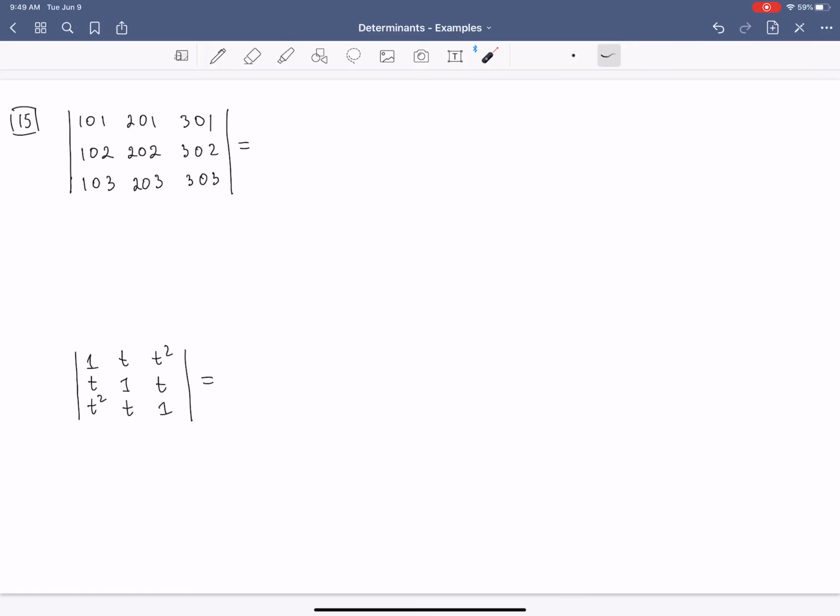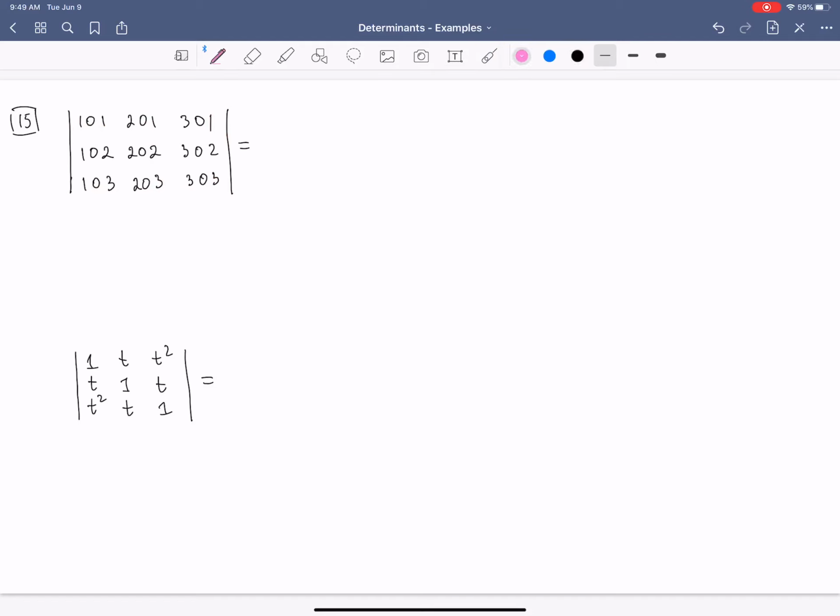Also, we can use maybe linearity in the first row, or we can just try and bring out those differences, right? If you look at the difference between the second row and the first row, well, it's just 1, right? Everywhere. And if you look at the difference between the third row and the first row, the difference is a 2. And actually, that's the best way to go about it.